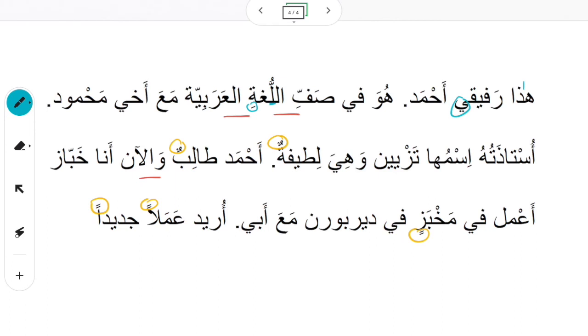So now we want to connect these. So here you have lam here has a shadda because it's shamsi. So you're going to connect this vowel to that shadda. So what do we get? We have safi, and it's going to connect to that lam. Saffil, and then this word lugha, meaning language.